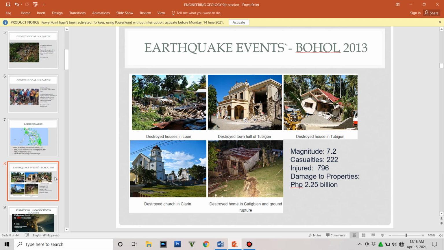As an example, we have here an earthquake occurrence in Bohol in 2013.